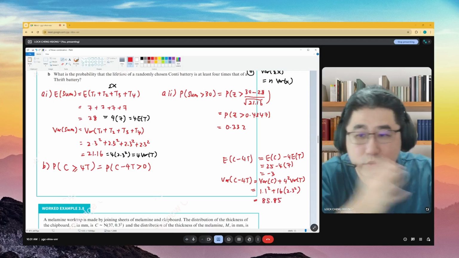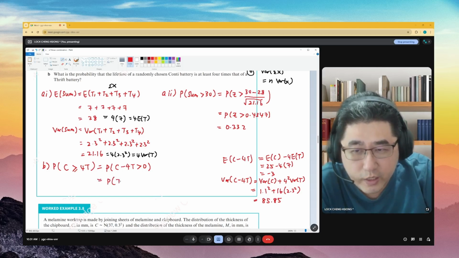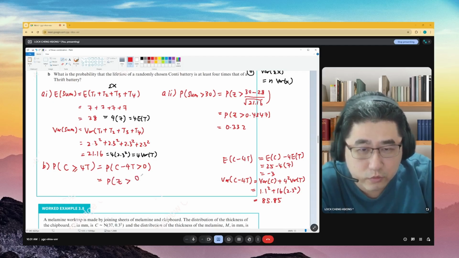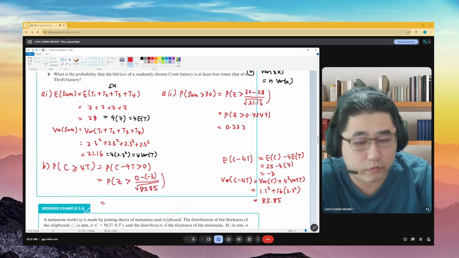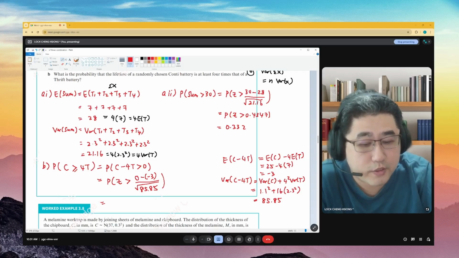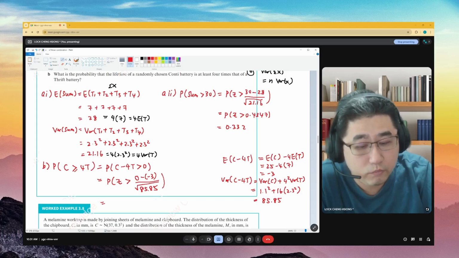Okay, then next we apply the normal distribution. I have Z greater than 0 minus 3 over square root of 85.85. Of course, press calculator and refer to the normal distribution table in F19.